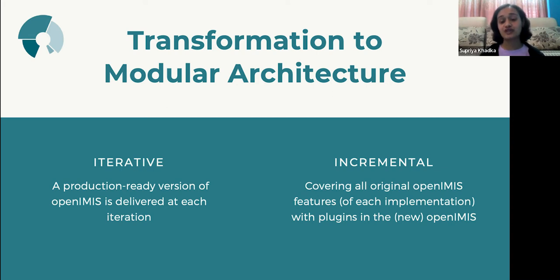For modular transformation, there was an iterative and incremental process. In the iterative model of transformation, a production-ready version of openIMIS was delivered at every iteration. And in the incremental level, it covered all original openIMIS features, the features of that implementation, with the plugins of the new openIMIS. So that is how the modular transformation of openIMIS took place.